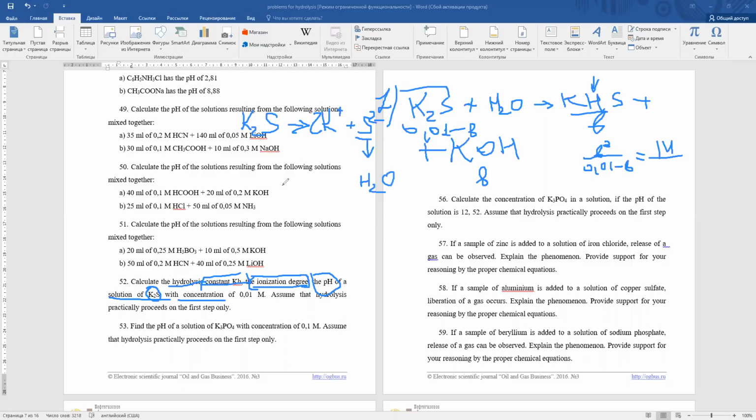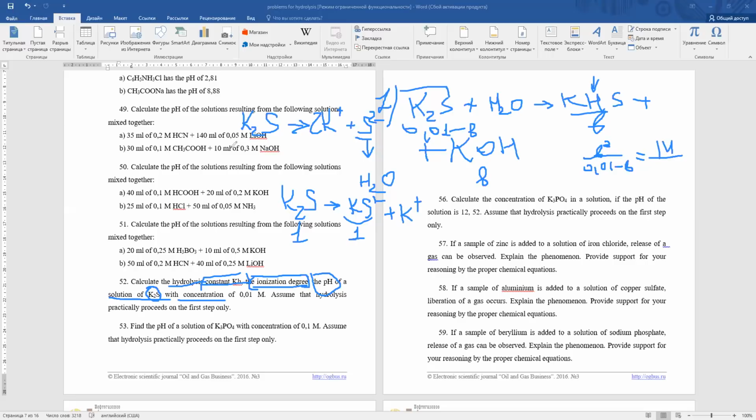Okay. In your case, the first step, this one forms, if 1 mole.